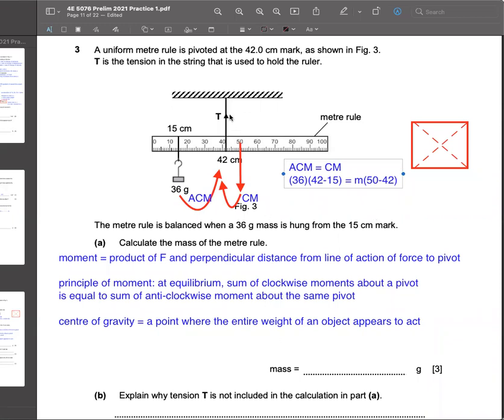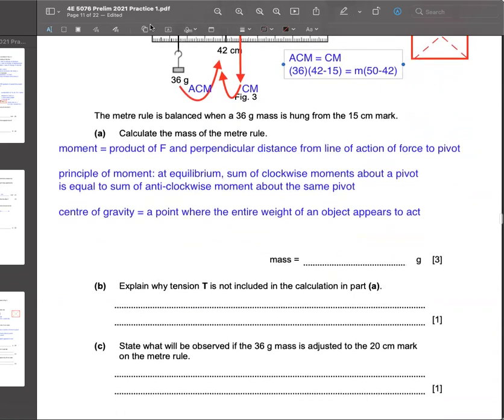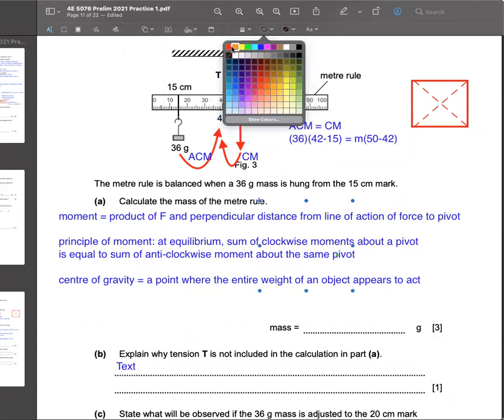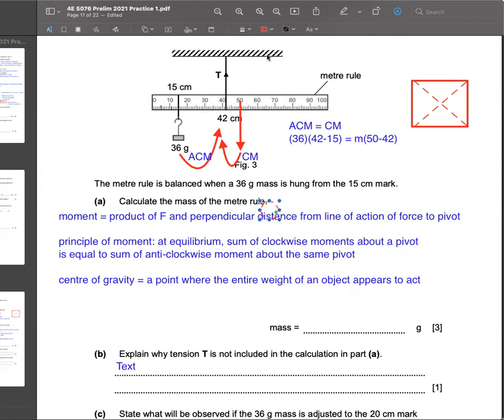Okay, why do we ignore T? How come T is not included in the calculation? Because it is not anti-clockwise or clockwise. Okay, so I'm going to draw this as a pivot. The pivot is here, right?